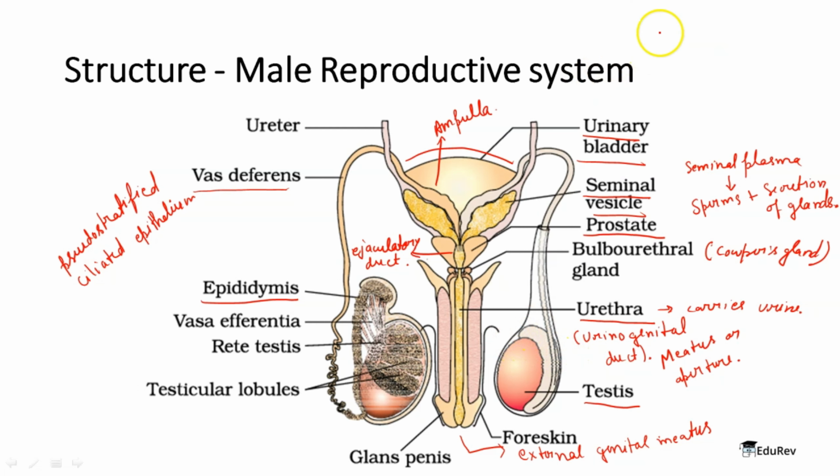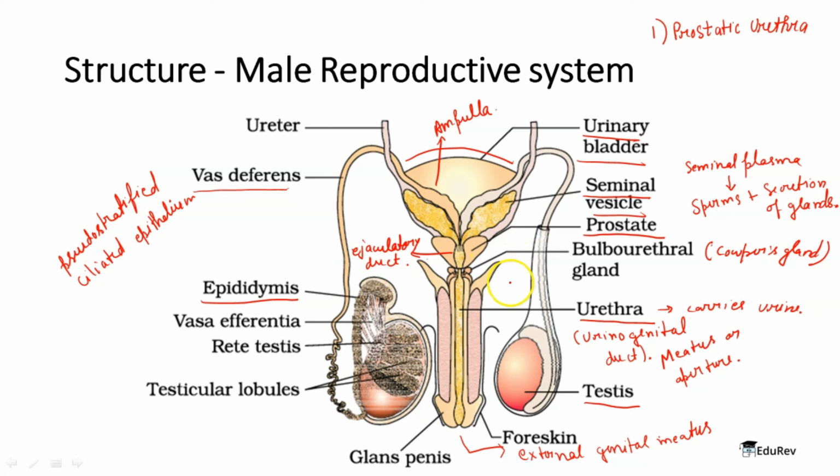I can write all three parts here. The first part of the urethra, where the prostate gland is present, is known as the prostatic urethra. So what is it called? It is called the prostatic urethra. Then comes the part where the bulbourethral gland is present, and it is known as the membranous urethra.